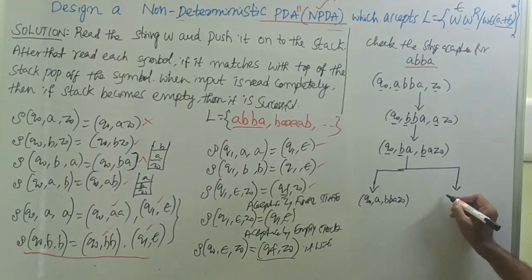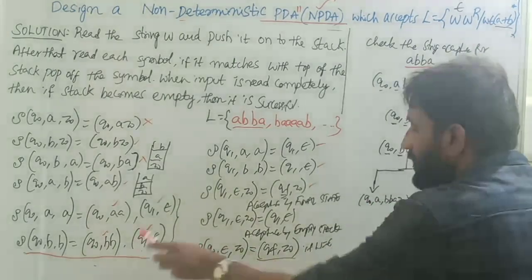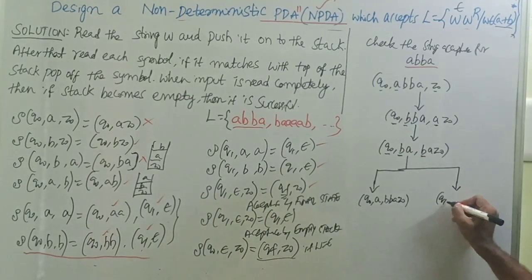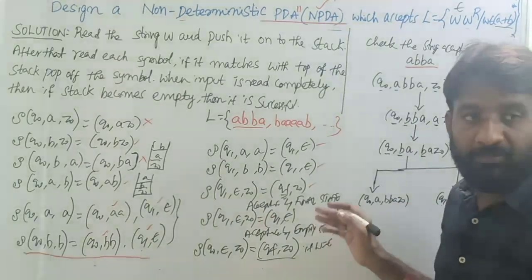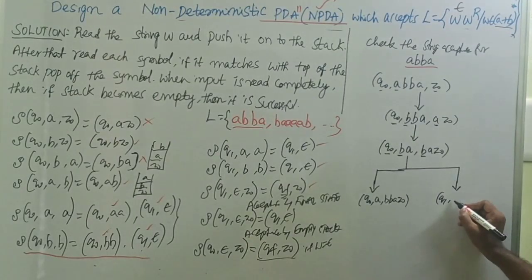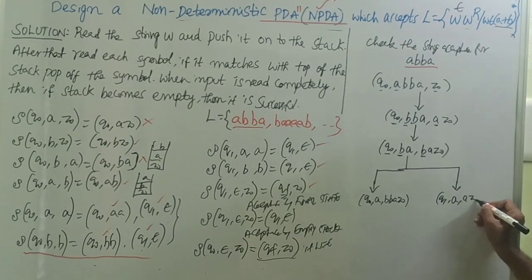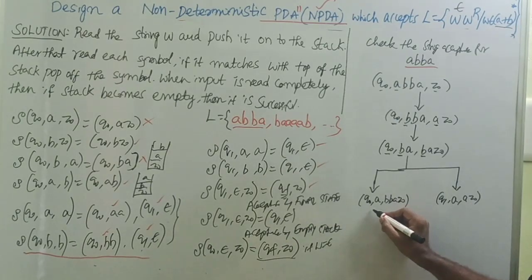Then another option is to move to state Q1 and remove the top element from the stack, giving A comma AZ0. If you move on this, it's not possible to accept this string.